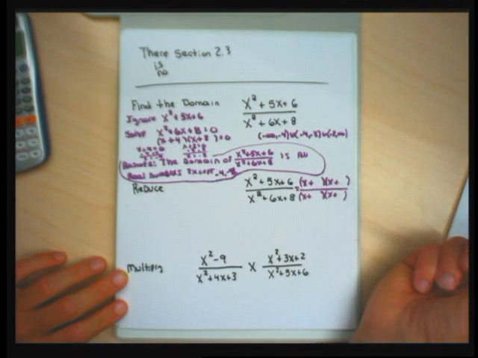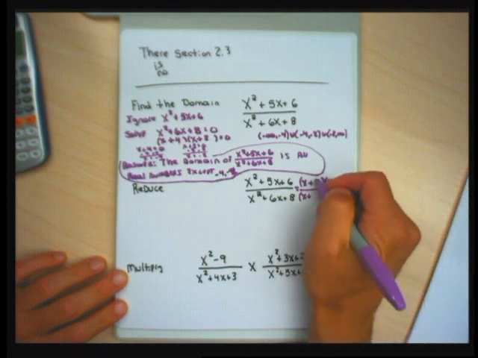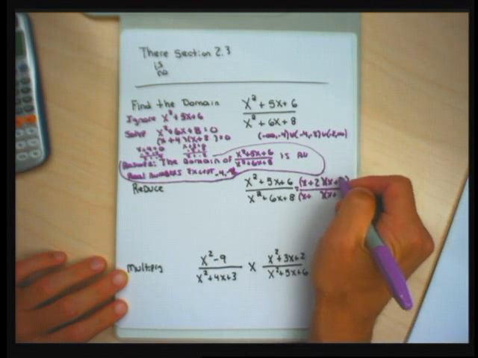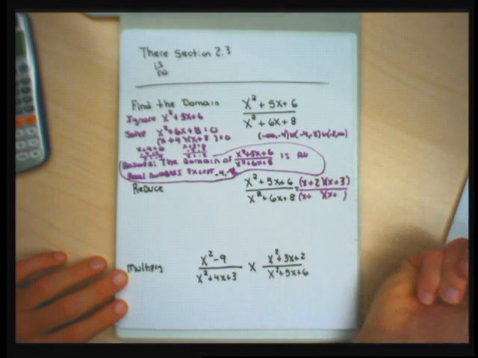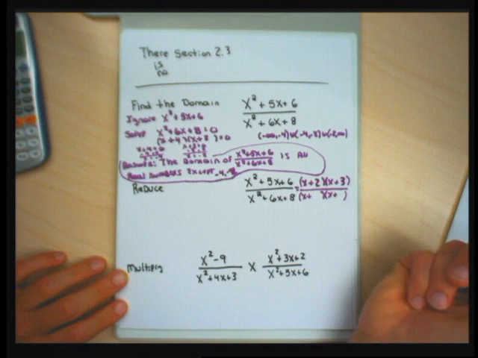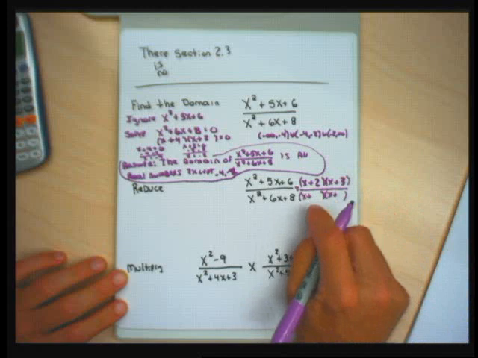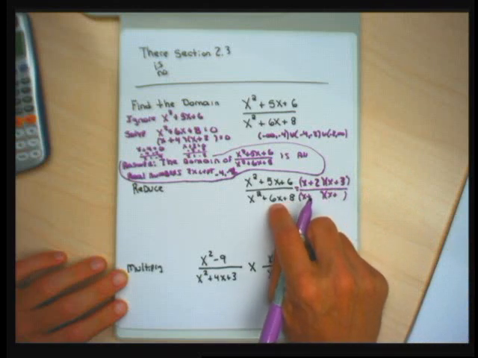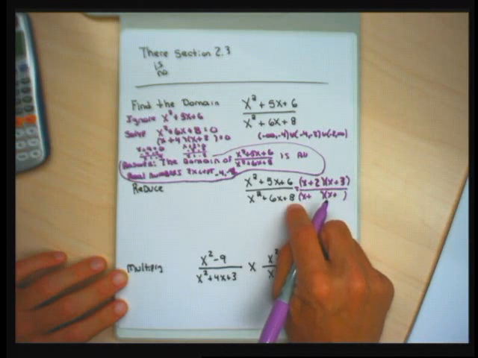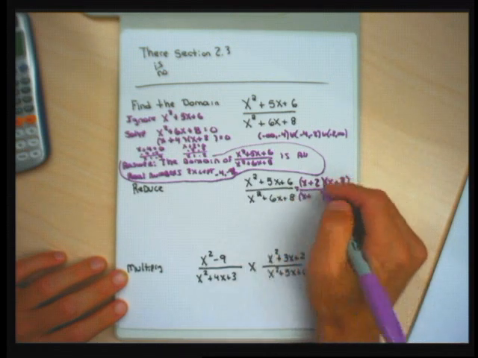My choices are 6 and 1 or 2 and 3, and 2 and 3 add to 5, 6 and 1 add to 7. So positive 2 and positive 3 should be my lasts. The x squared plus 6x plus 8, my lasts have to multiply to 8 and add to 6. My only choices of numbers that multiply to 8 are positive 1, positive 8, positive 2, positive 4. I'm going to pick positive 2, positive 4.